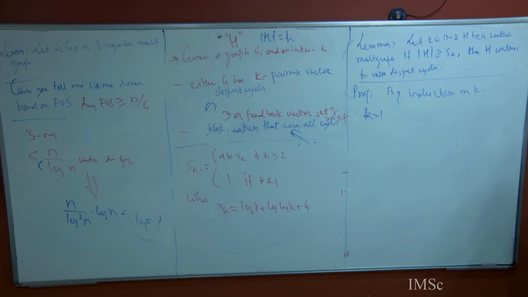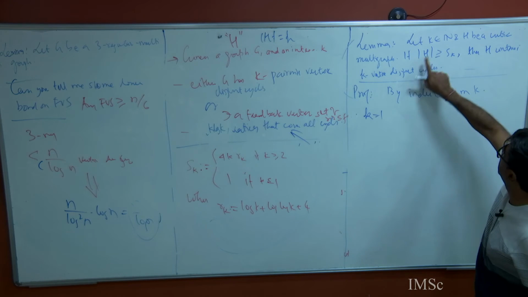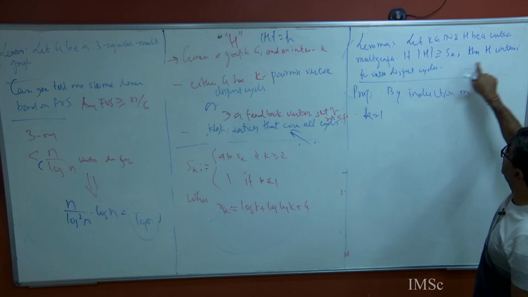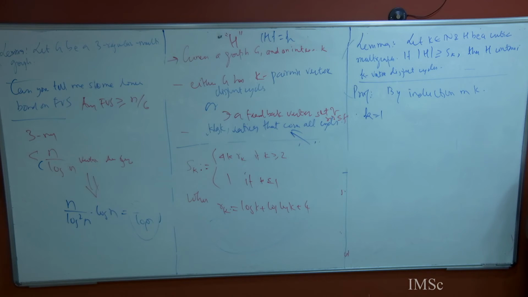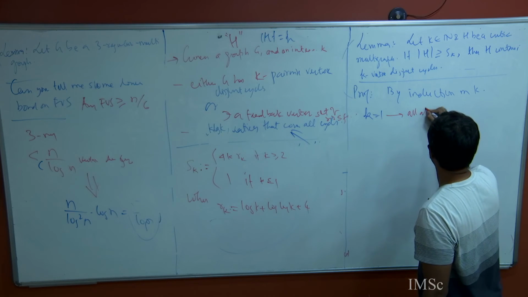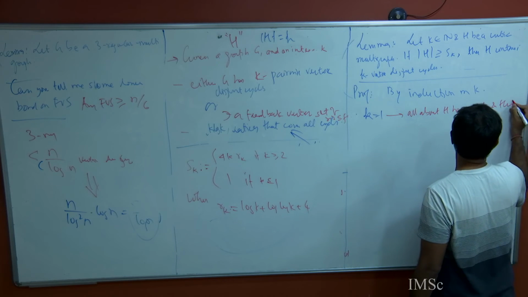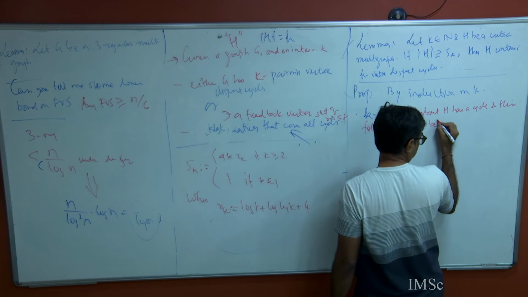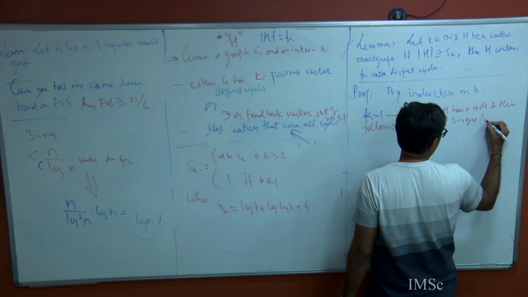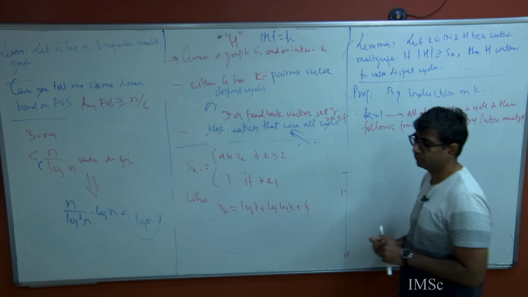For k equal to 1, if H is greater than or equal to 1, then H contains a cycle. But H is a cubic multigraph, so irrespective of its size, it contains a cycle. This follows from H being 3-regular or a cubic multigraph.